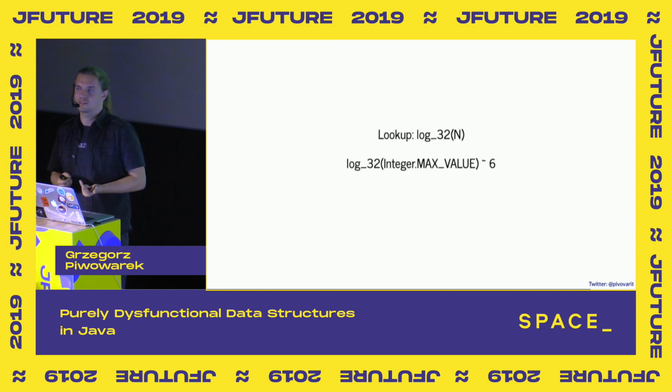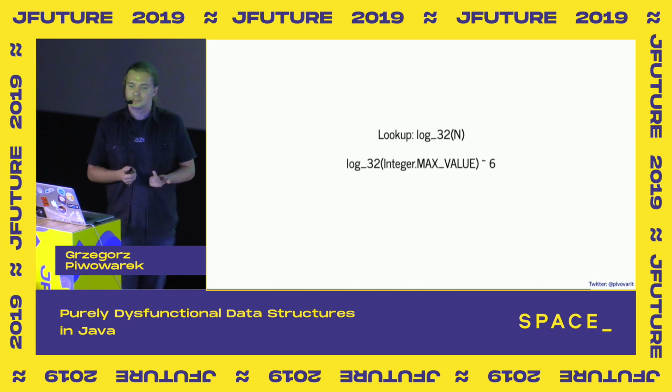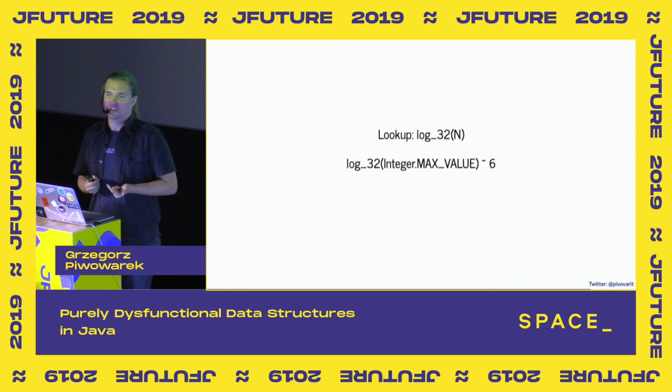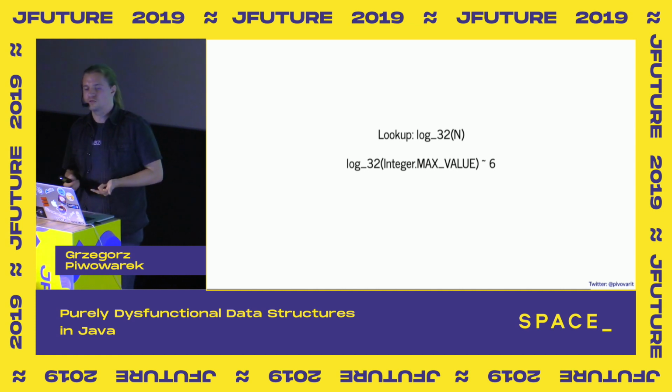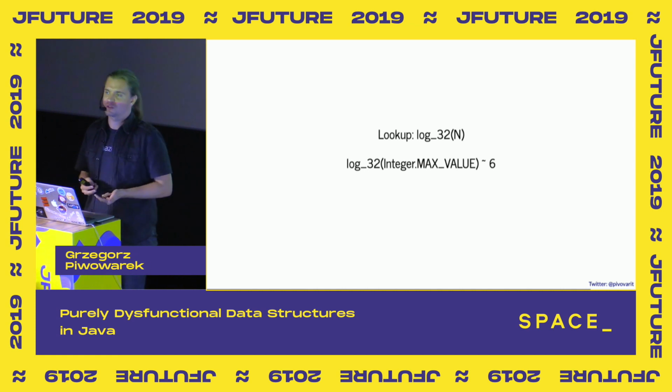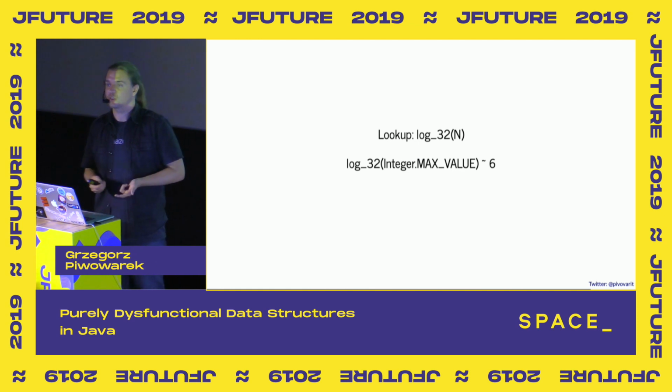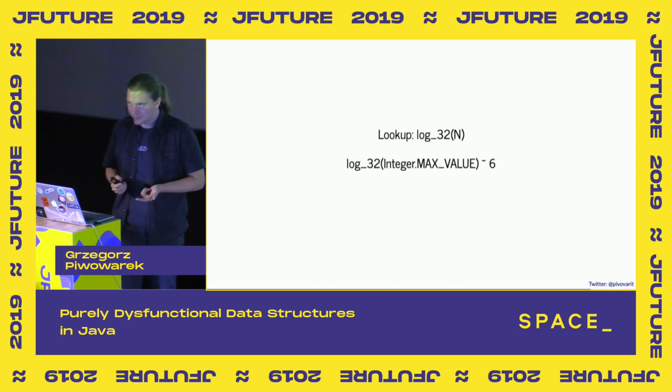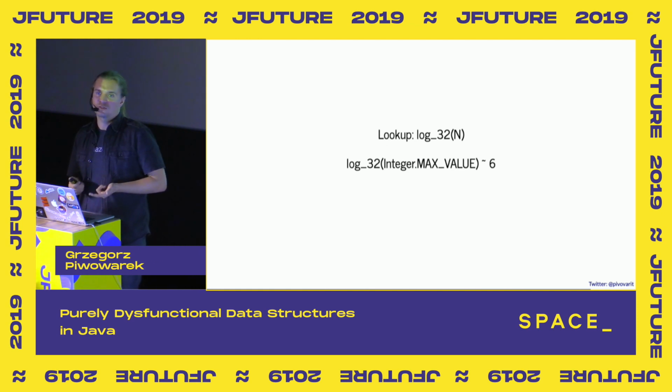That's actually 6 or 7. So it's not constant time, but it's very close to being kind of a slow constant time, because you know that you will always need approximately around 6 jumps to do the element lookup. So yeah, it's logarithm of the base of 32, but it gives you a very predictable value out there.